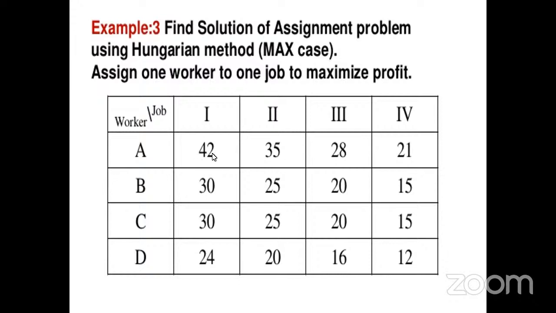So from this, if you subtract all the elements, you will be getting the resulting matrix, which is the cost matrix. So 42 minus 42, 42 minus 35, 42 minus 28, 42 minus 21, like that. You'll be getting 0, then 7, 14, 21, like that. That is the next matrix we can see.